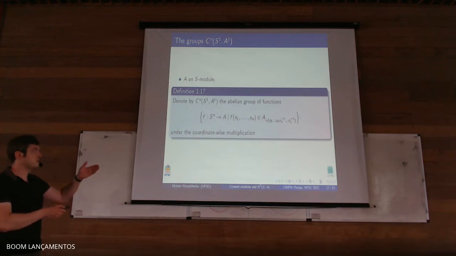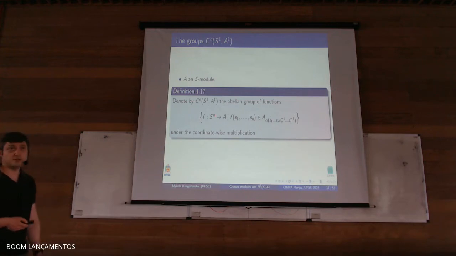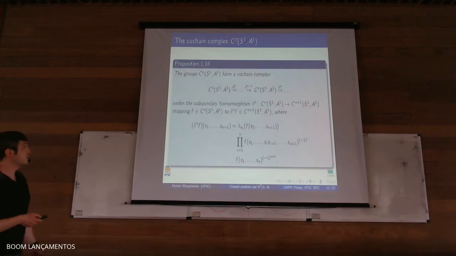So this is the group inside A. Under coordinate-wise multiplication, such functions form an abelian group. So you have abelian groups of n cochains.